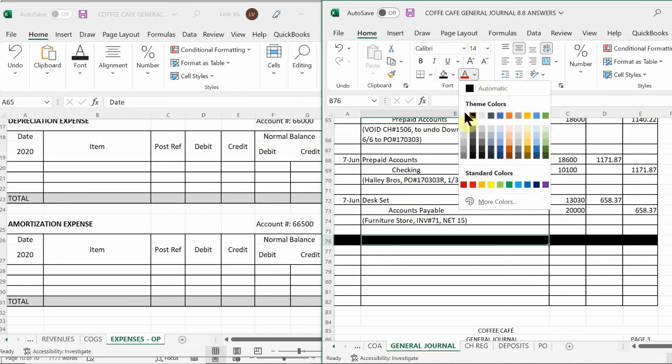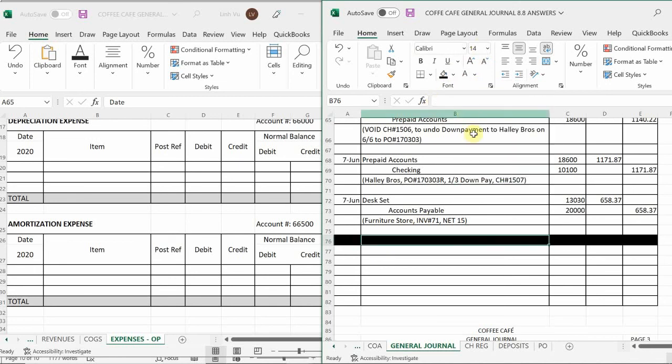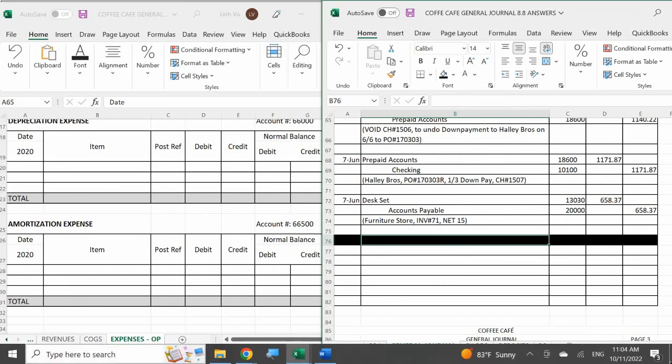So I'm creating a little bar to keep it separate, so I know where my first week of transactions ends and where my second week of transactions begins.